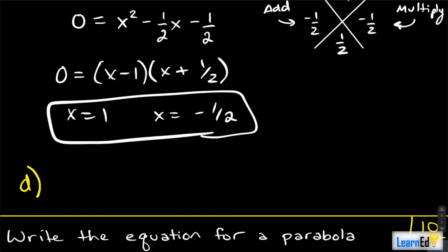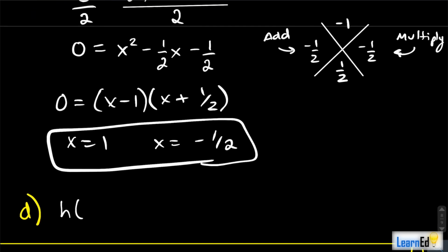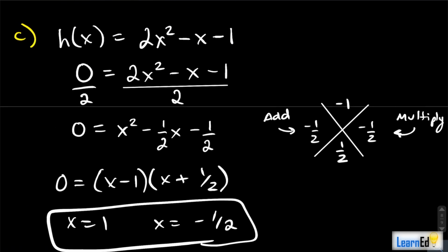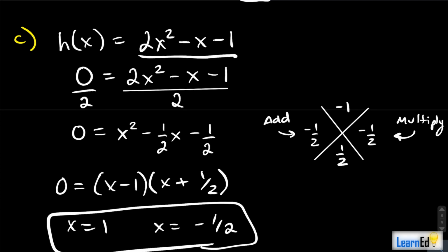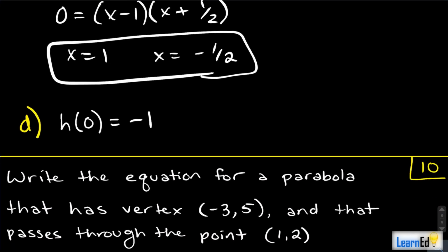All right, so we get that h of 0 equals, and we just plug in 0 wherever we see an x in this equation. So it'll be 2 times 0 squared, and you can see that this term will go away, this term will go away, and we're just left with negative 1 when we plug in 0 for x. So h of 0 is equal to negative 1. And there you go.